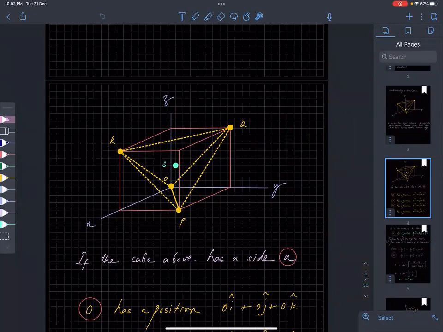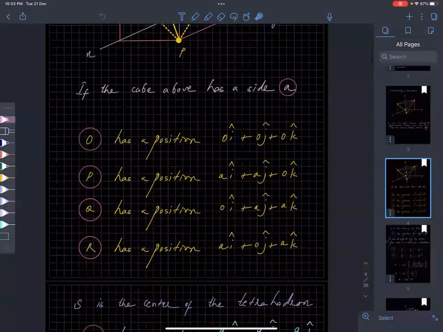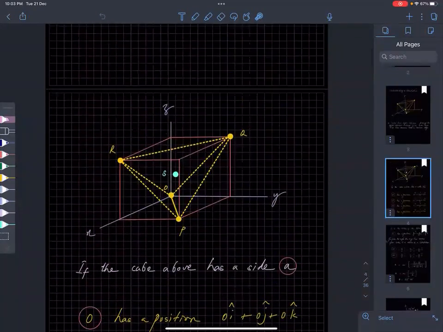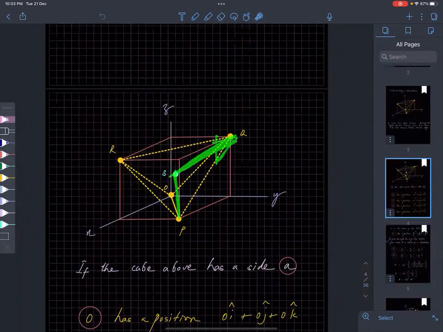Now suppose I need to find the angle between bonds. See, here carbon sits, right? Here one bond, here one bond, here one bond, and here one bond. Do you agree? So suppose I want to find the angle between any 2 bonds. What should I do? I should find the vector of this and the vector of this, and find the angle between the vectors using the dot product.